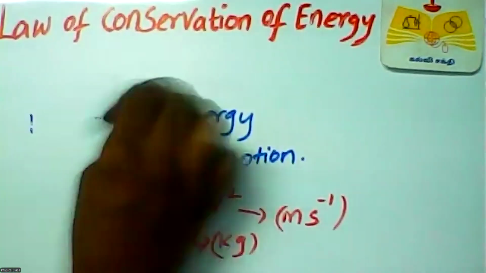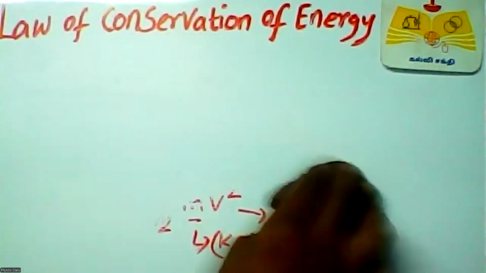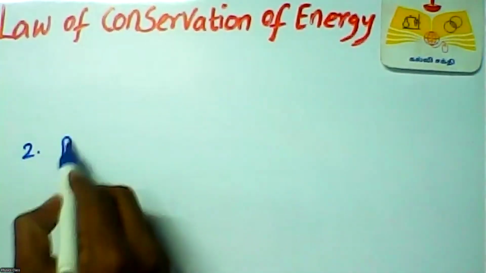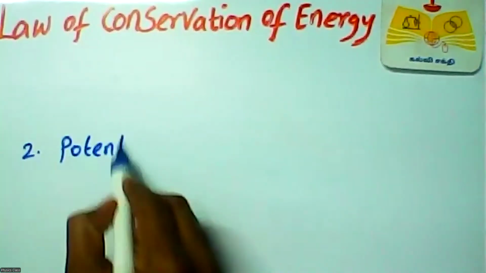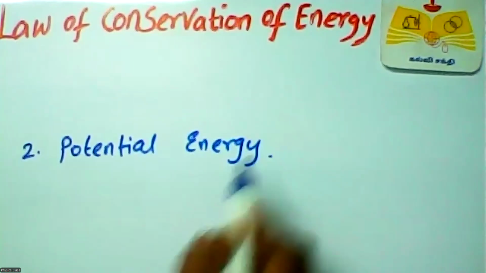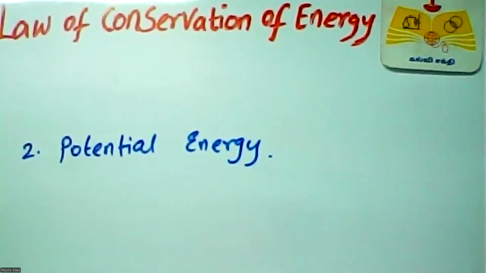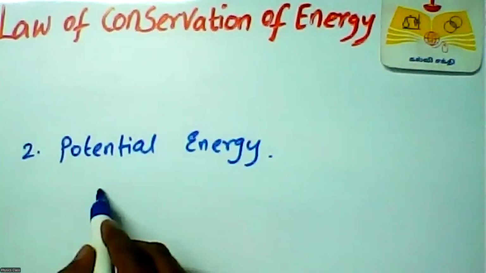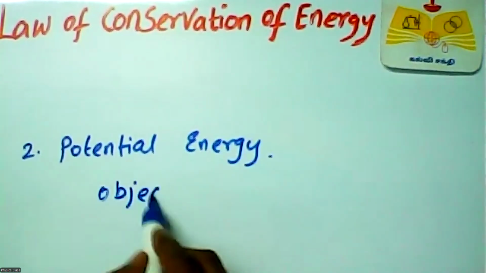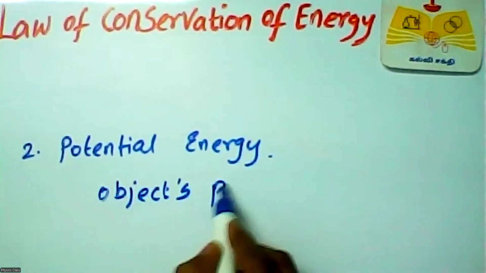We have already studied in a previous class potential energy. That is the second type of energy here. This is the energy due to an object's position.